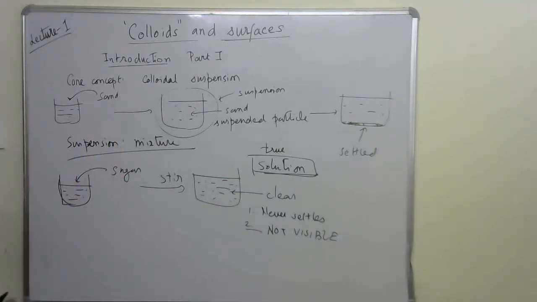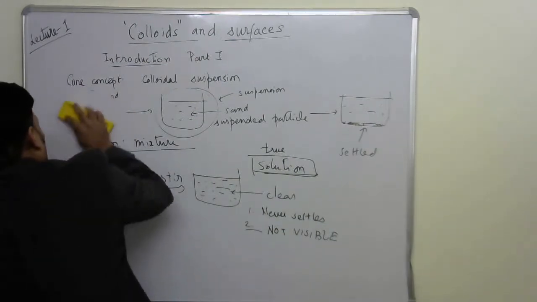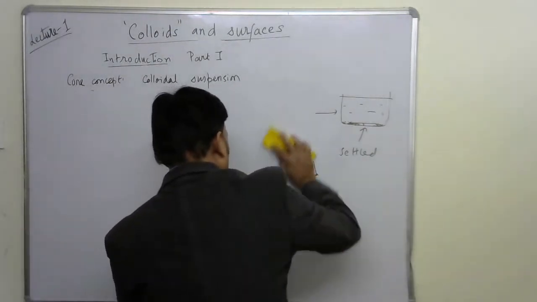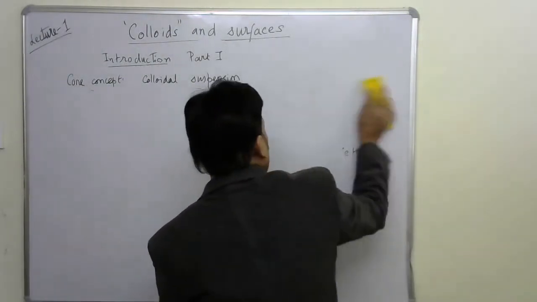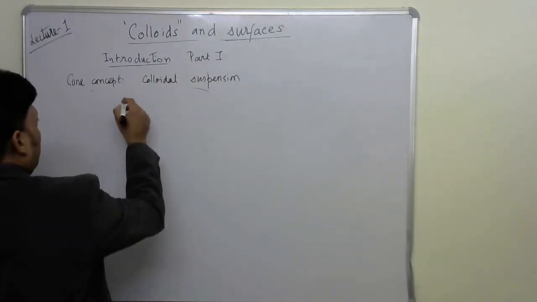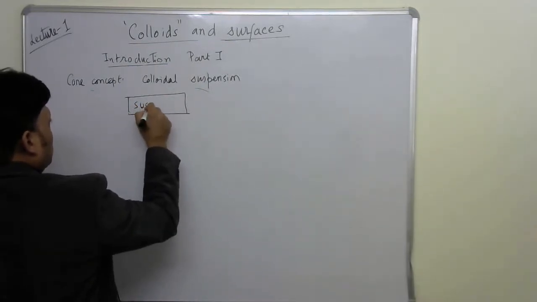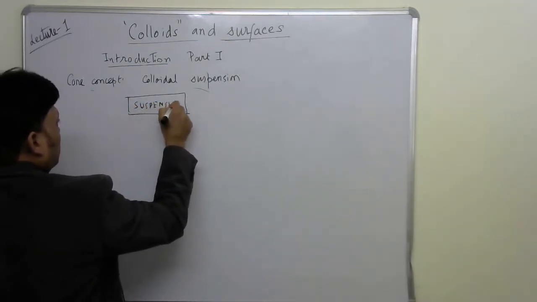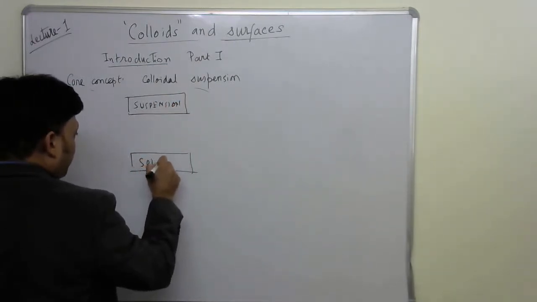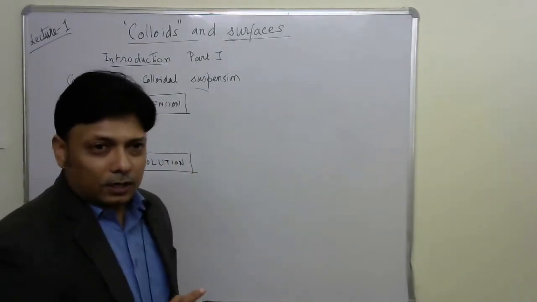So now we have discussed two extreme ends. One part is called the suspension and another part is called the solution. So we can write like that: here we have suspension, and here I have solution.